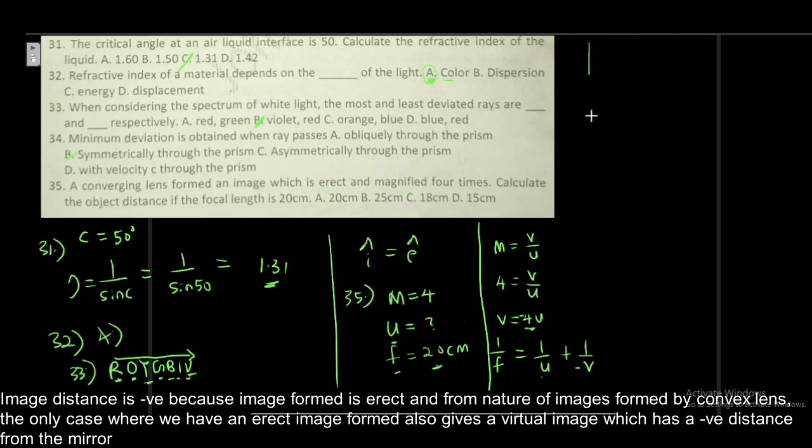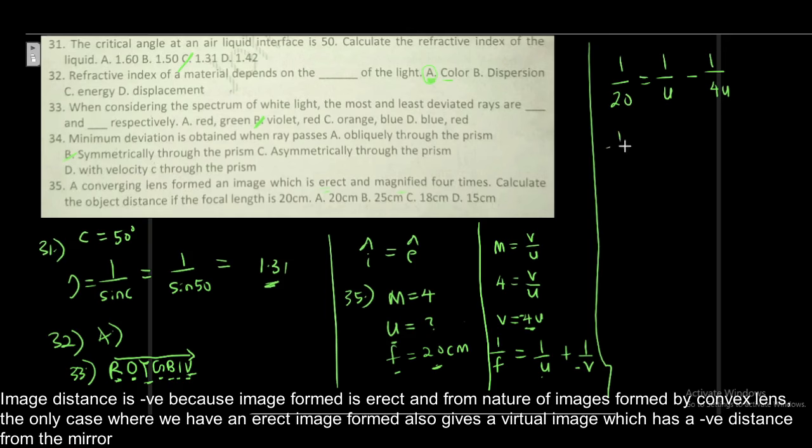Using our equation, 1 over focal length, which is given as 20, equals 1 over U, which is what we are looking for, plus minus, because our image distance is negative, 1 over V. V is the image distance, which is 4U. So we have minus 1 over 4U.